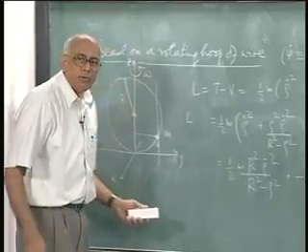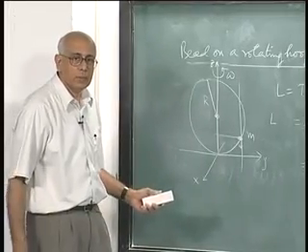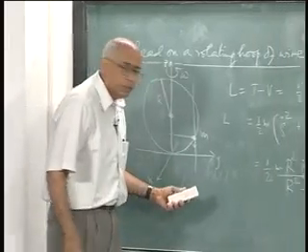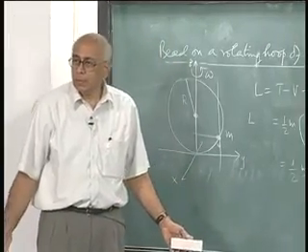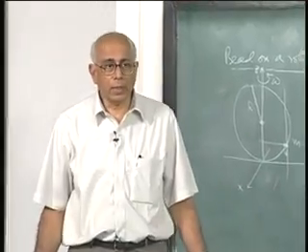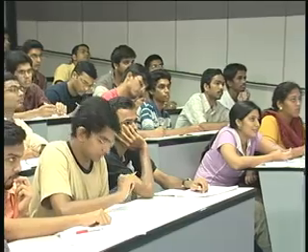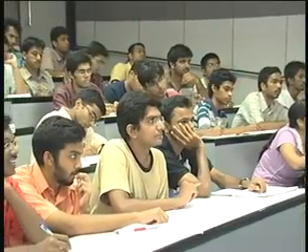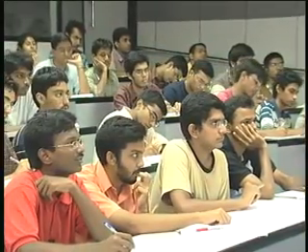What is this L a function of? Rho and rho dot, that is it. So how many independent degrees of freedom are there now left? Is it 1 or 2?